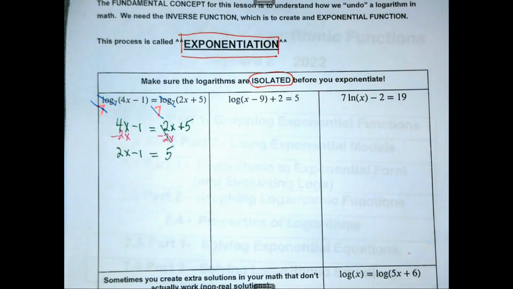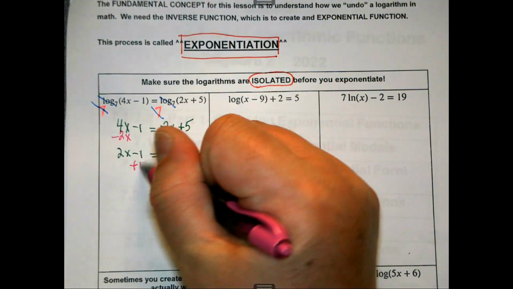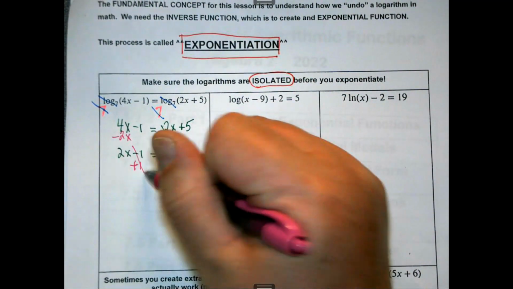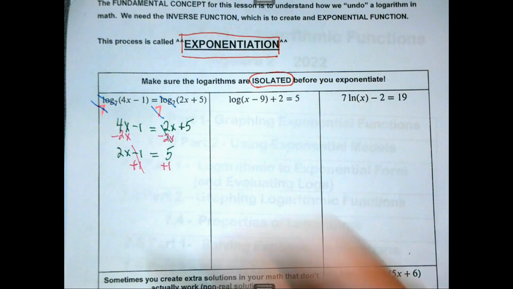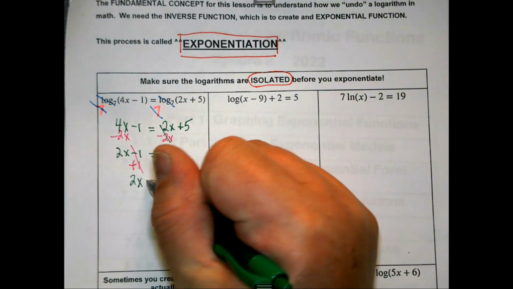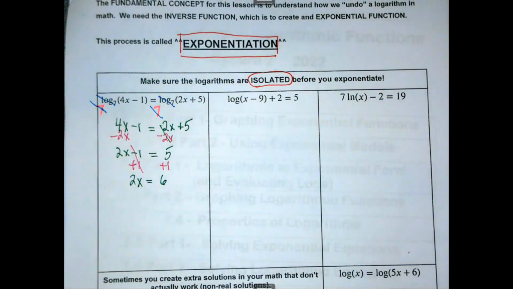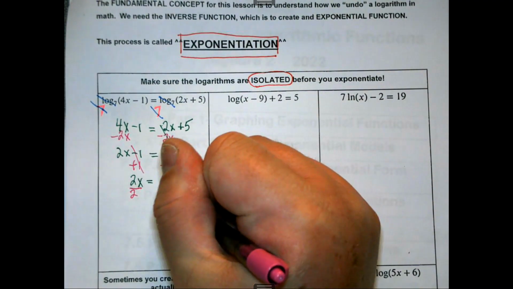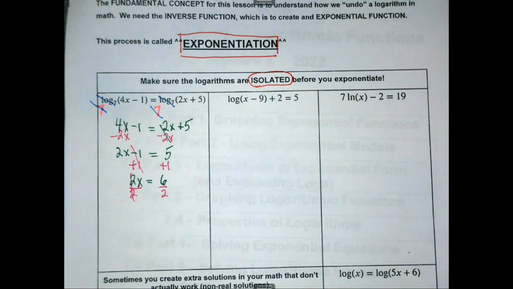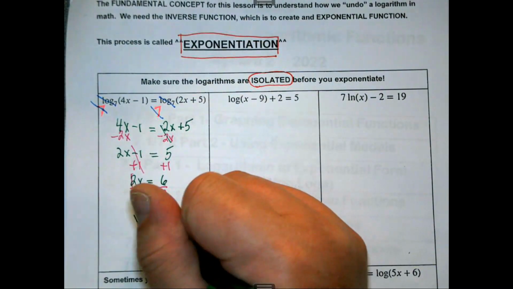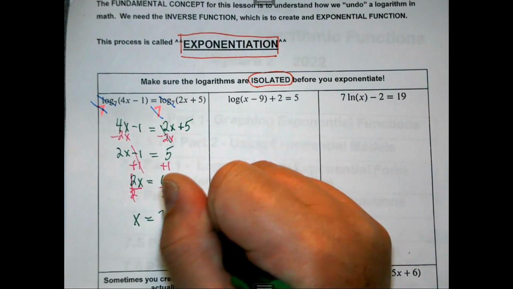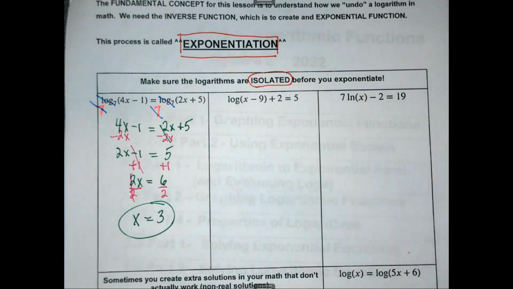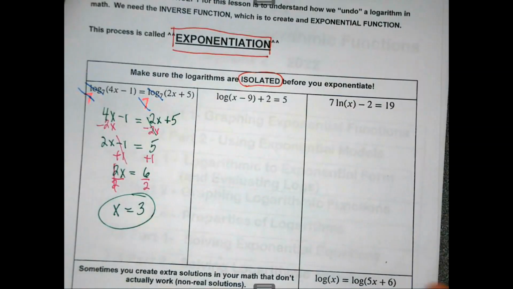I'm going to add 1. So 2x equals 6. And divide by 2. And what do we get for x? 3. That's right, 3. That's my answer. Easy peasy, right?